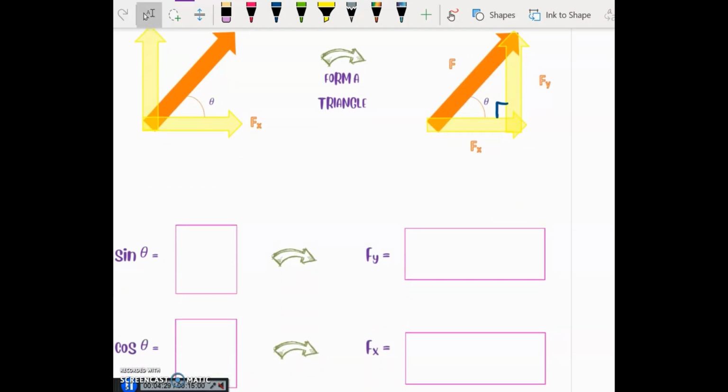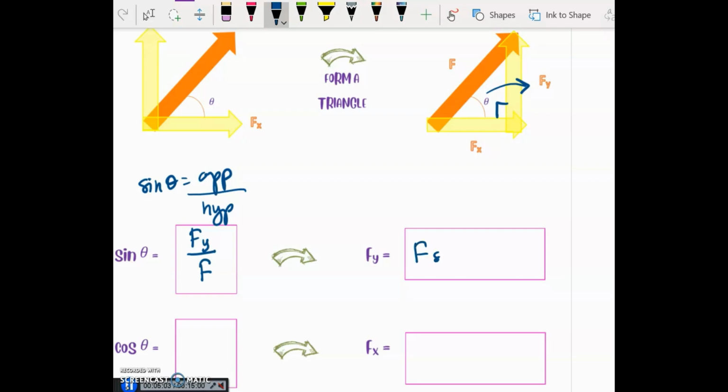Based on the right angle triangle here, we must identify sin theta and cos theta in order to find Fx and Fy. Sin theta is opposite over hypotenuse. The opposite of the angle theta is Fy, over the hypotenuse, which is F. To find Fy, make it the subject and you will get F sin theta.